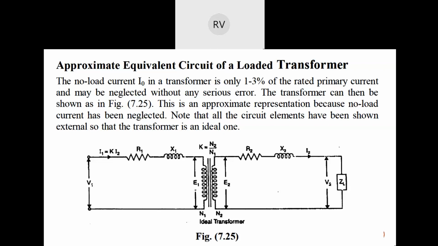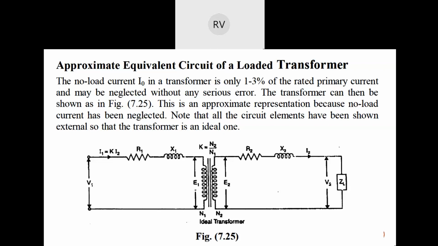This is an approximate representation because no load current has been neglected. So this is not an exact representation. Here you can see the figure. Here you can see R1, X1, R2, X2, and then different parameters. Not all the circuit elements have been shown external so that the transformer is an ideal one.